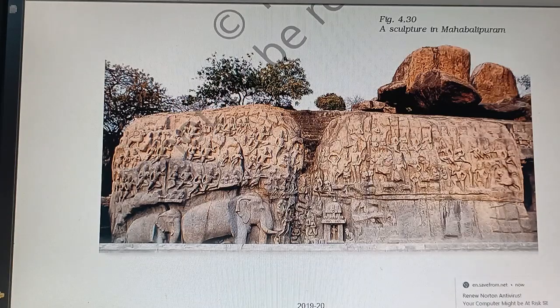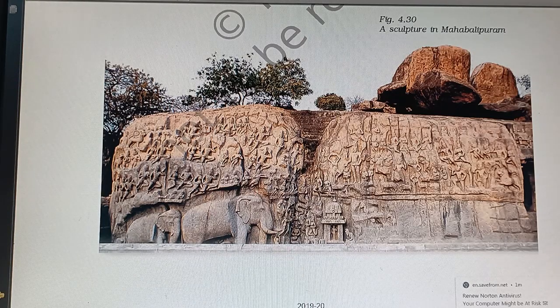The natural cleft through the center of the rock surface might represent the river. So some think like this, that this is the representation of the river Ganga. And others feel that this is from the Mahabharata, and they think that it shows Arjuna doing penance.